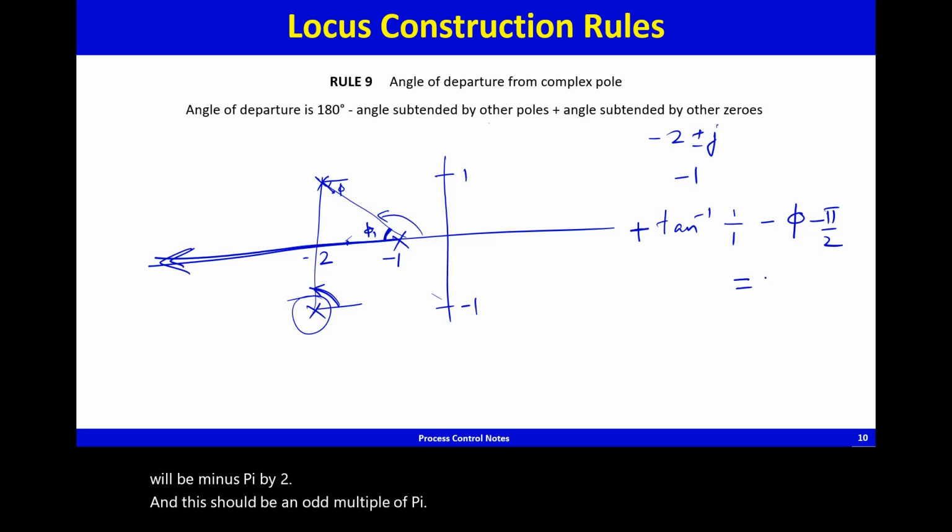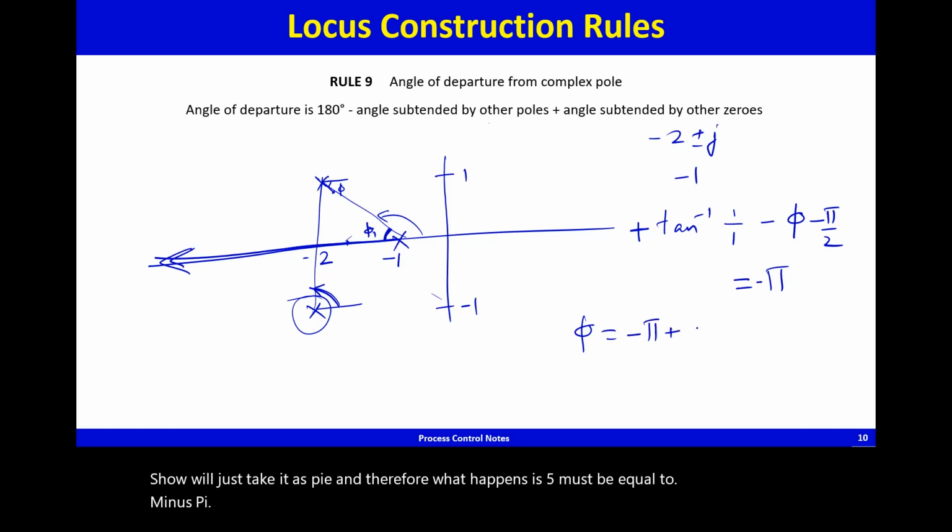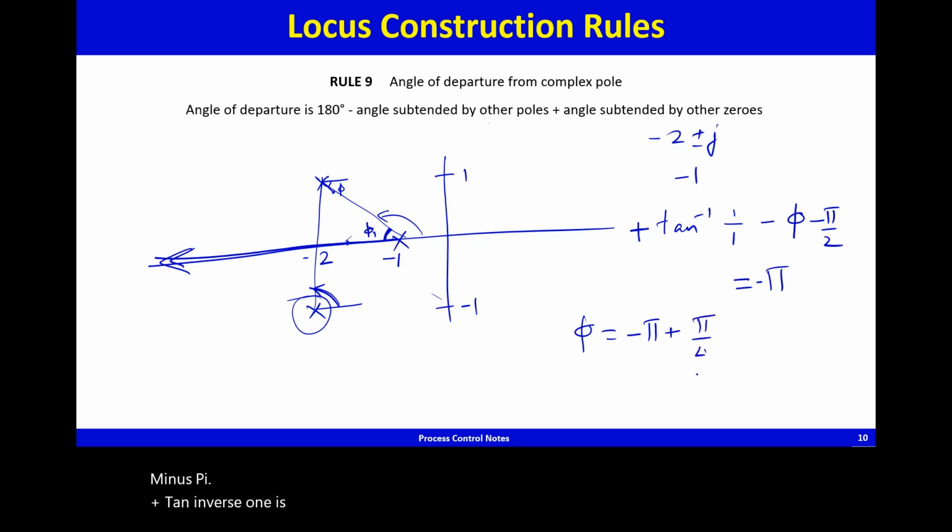So we'll just take it as pi, and therefore phi must be equal to minus pi plus tan inverse 1, which is pi by 4, minus pi by 2. So this guy turns out to be minus pi by 4.